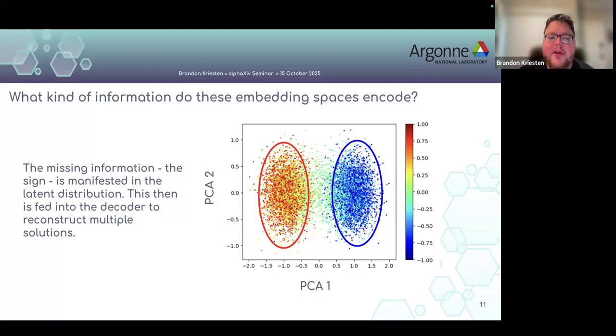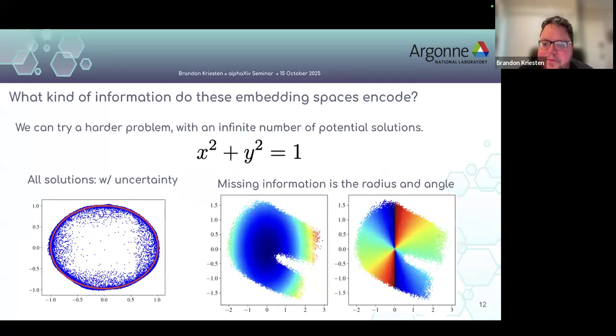We can interpret this as the reconstruction of the missing sign. And as this is fed to the decoder, it can then reconstruct the multiple solutions. This is very fascinating, very interesting. But it's a problem which has two solutions, and that may not always be the case that there is a fixed number of solutions. What happens if there's an infinite number of solutions?